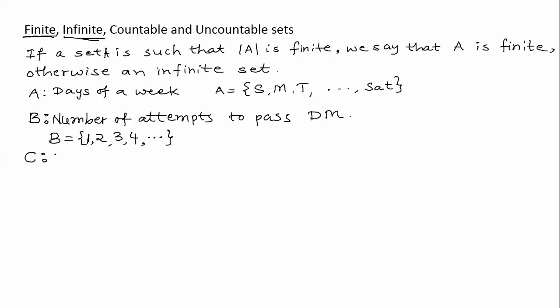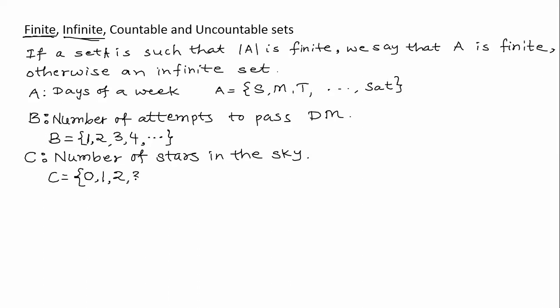Then if I define C as the number of stars in the sky at a particular time, see, if I look now, I am able to see the sun, but suppose it is hidden beyond the clouds, then the number of stars will be 0. If it comes outside the clouds, then it will be 1, because the sun is also a star.